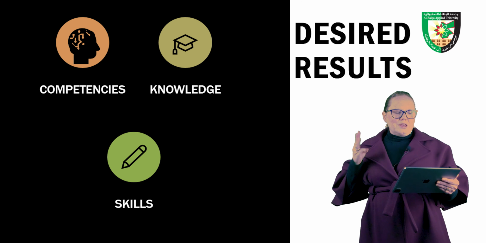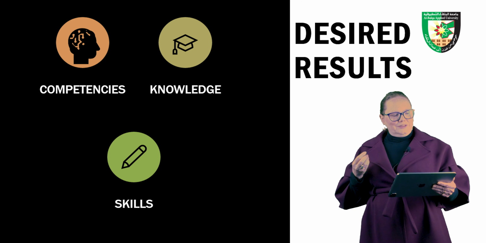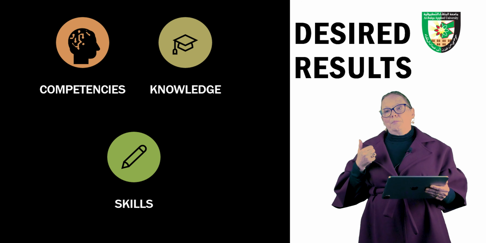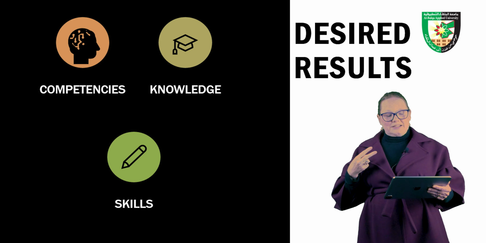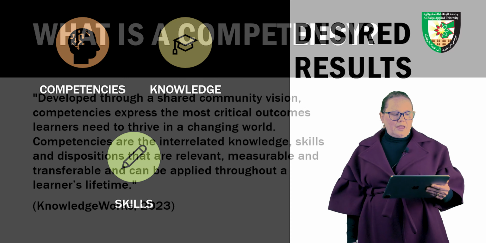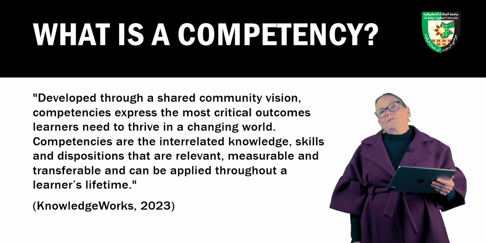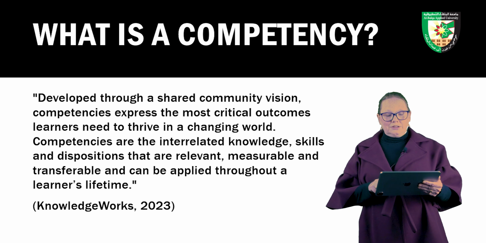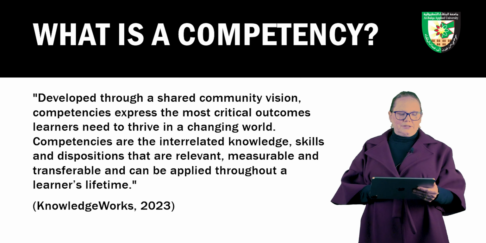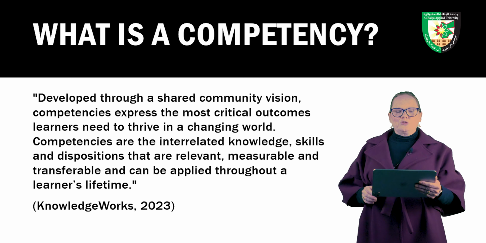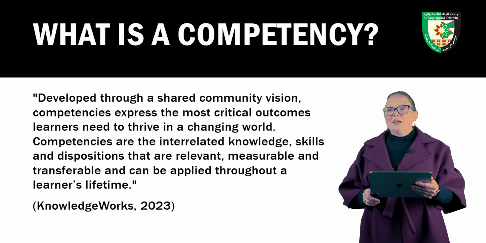So there are three main parts to think about when planning the desired results. These are competencies, knowledge, and skills. Now there are several definitions of competencies that you can find online, but this is one that I really liked. It is developed through a shared community vision.